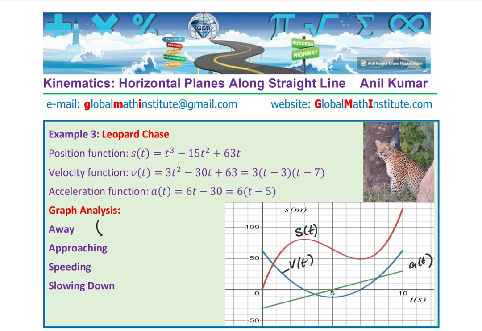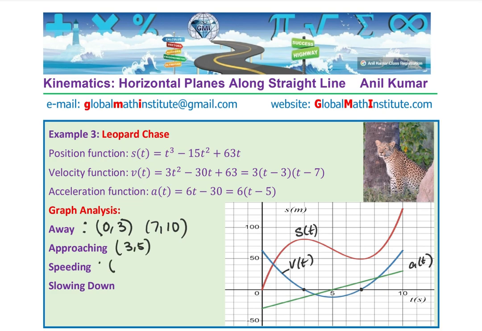So displacement is always positive, so up to this point, which is 0 to 3, both are positive, and after 7 it is moving away, correct? When is the leopard approaching, meaning moving towards? It is between 3 and 5, right?